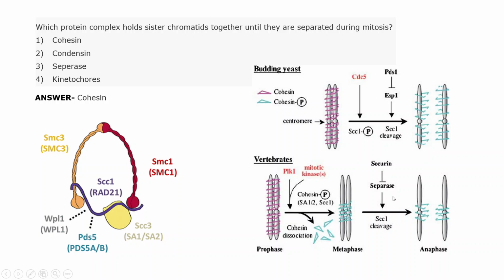You can see that securin, which inhibits separase, is getting inactivated there. The separase cleaves out the cohesin molecule, and then the two chromatids get separated. The two processes are more or less similar in budding yeast and vertebrates.